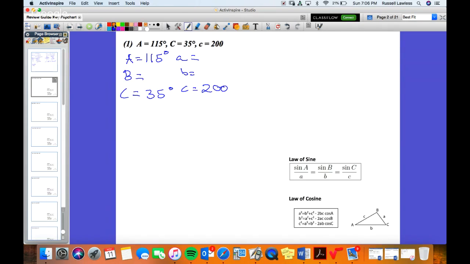To solve it completely, what we're going to do is first look for side A. How do I find side A? Law of sines. So I'll do sine of 115 over A. It's going to be equal to the sine of 35 over 200. We'll then cross multiply to get 200 sine of 115 equal to A sine of 35.